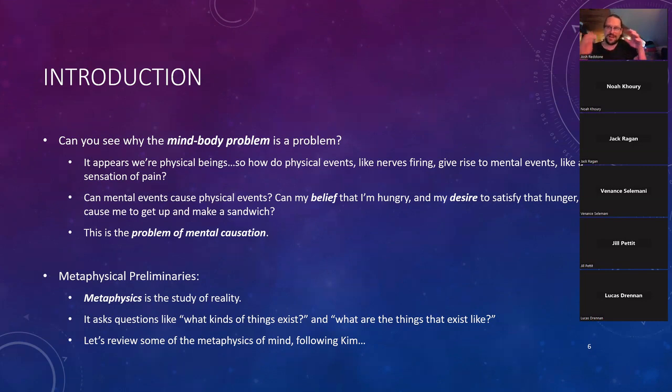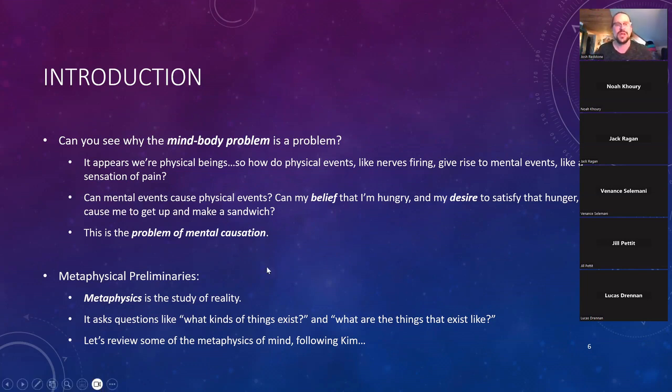Okay, so my belief and desire interact in such a way that they cause me to get up, go to the kitchen, and make a sandwich because I have the further belief that there are things in the fridge I can make a sandwich with, and eating a sandwich will satisfy my hunger, and so forth, right? Is it really the mental events causing that? Or is it all just physical events in the brain and my consciousness is just kind of an epiphenomenon? It's real, but it doesn't have any causal effect on the physical. That is what Kim will argue as we make our way through the book.